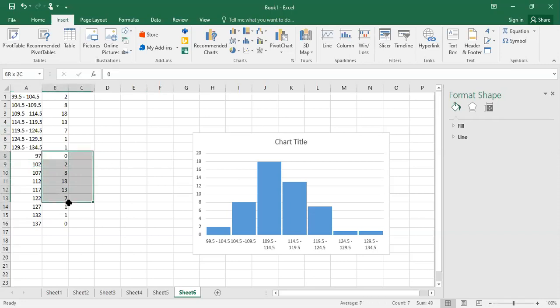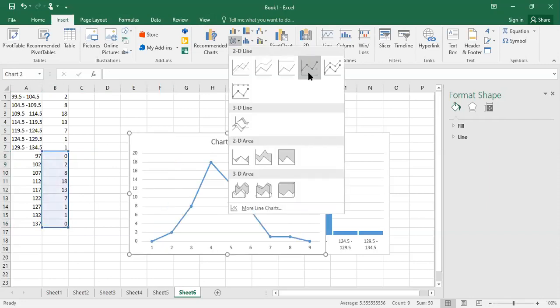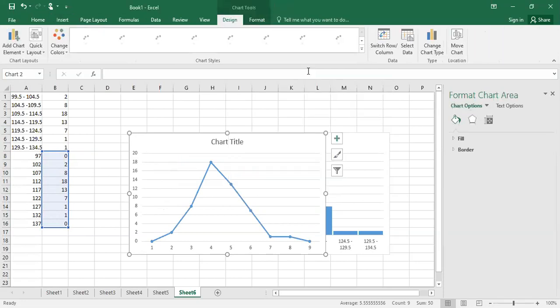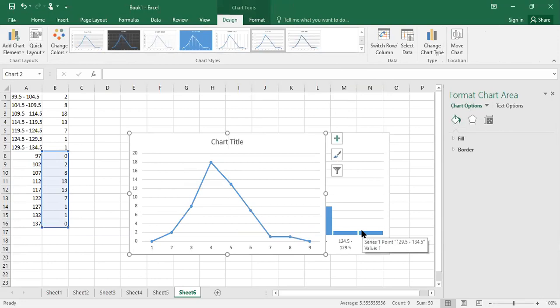So I will highlight these values and then insert and choose any of these values. This one is a good one. So this is a frequency polygon that represents the data that we have.